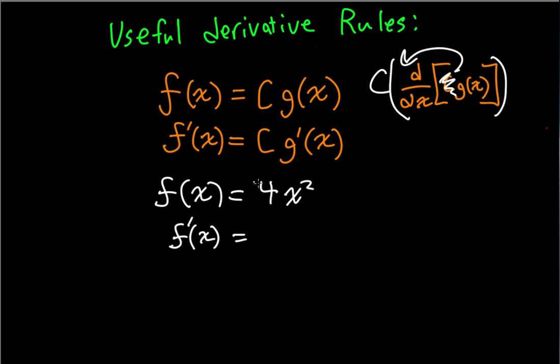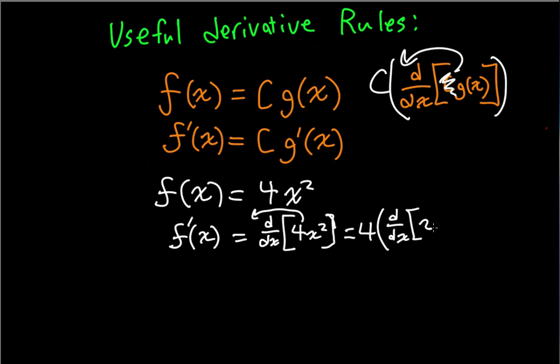Again, you can just think of separating the 4 out, which you could just do in your head, but I'm going to do the derivative with respect to x of 4x squared. And we're going to have the 4 jump out. So that'll be equal to 4 times the derivative with respect to x of x squared.